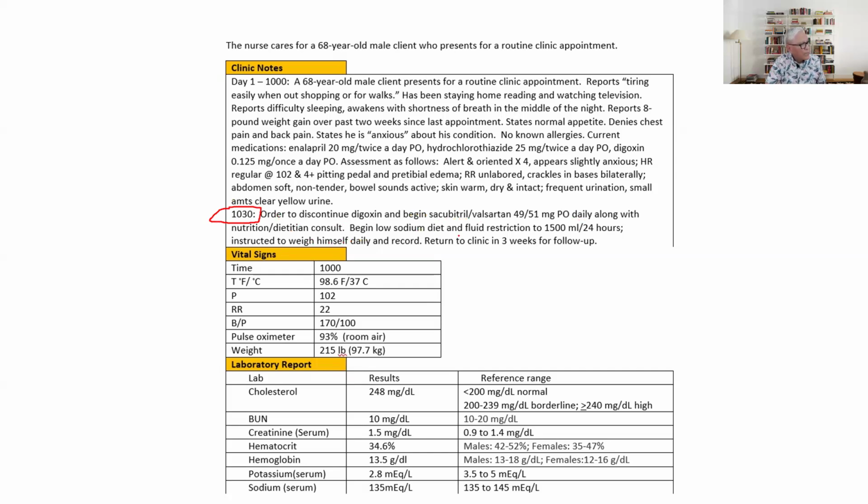Begin low sodium diet and fluid restriction to 15 mLs per 24 hours. Instructed to weigh himself daily and record, and return to the clinic in 3 weeks for follow-up. So remember that this is the current one. Discontinue digoxin, begin valsartan sacubitril, along with a dietary consult.